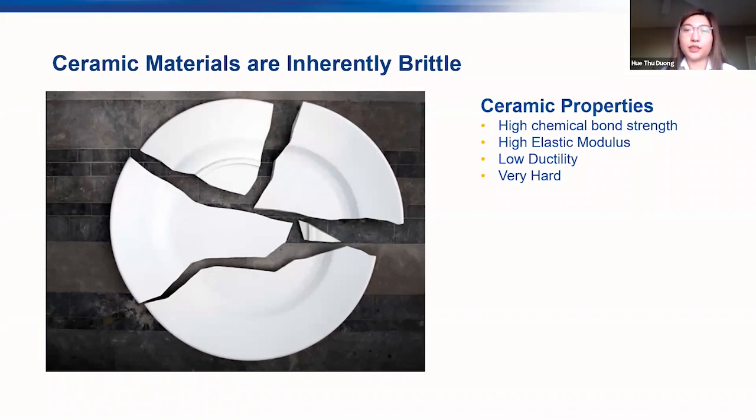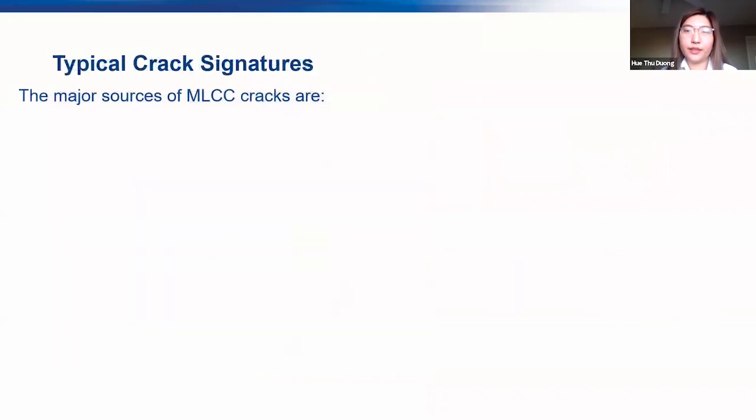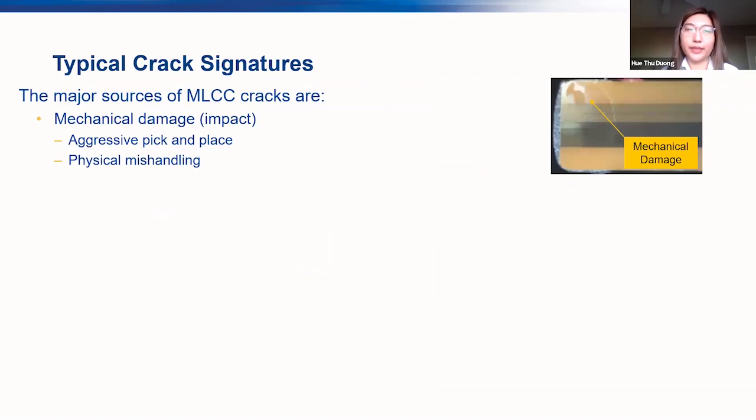But what causes a ceramic material to break? So there are 3 main sources of cracking for MLCCs, and each has a distinct crack signature. The first one being mechanical damage upon impact due to aggressive pick and place or physical mishandling.